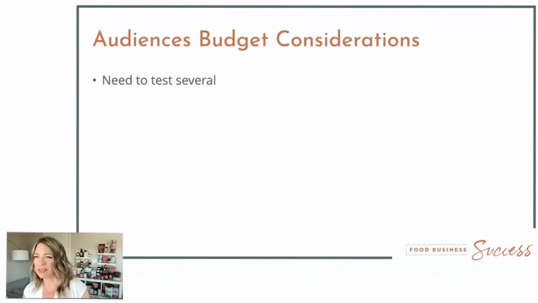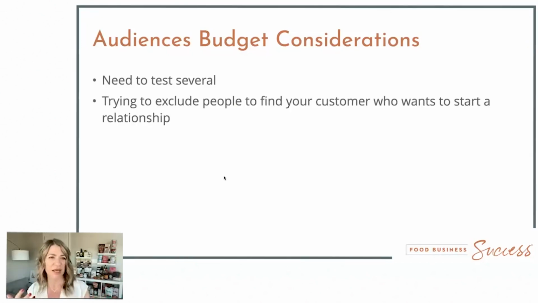Okay, so your audience budget considerations, and that should just be audience considerations. Anyway, like I said, in audiences, test several audiences, and we're trying to exclude people to find your customer who wants to start relationships. And in the video I give you, I show you exactly, you can say, they need to be a woman, they need to be this age range, they need to have this level of income and have a Tesla and follow these nonprofits.